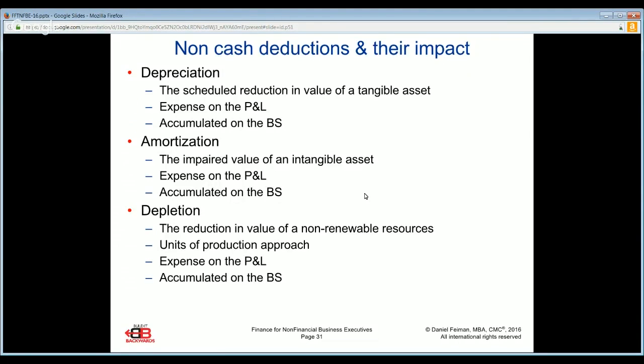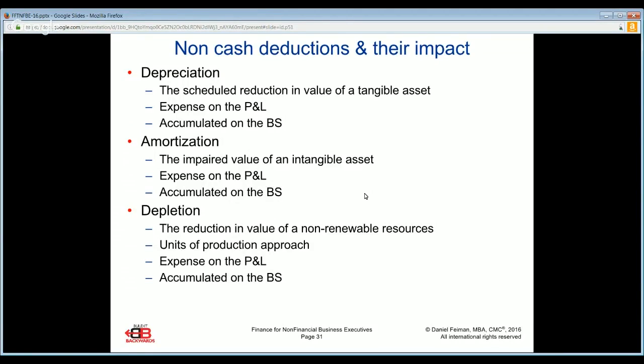If we have calculated properly, when we have depleted the entire reserve, in other words, when that 1 liter bottle is empty, we will have recaptured 100% of our capital invested in that reserve, expensed it on the income statement, accumulated on the balance sheet to offset that capital.